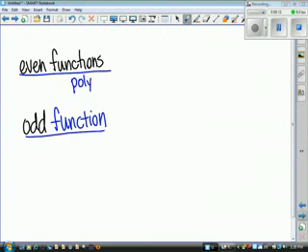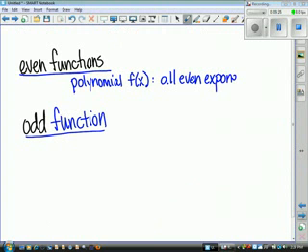First of all, if you have a polynomial function and you have all even exponents, which includes 0, that's considered even.